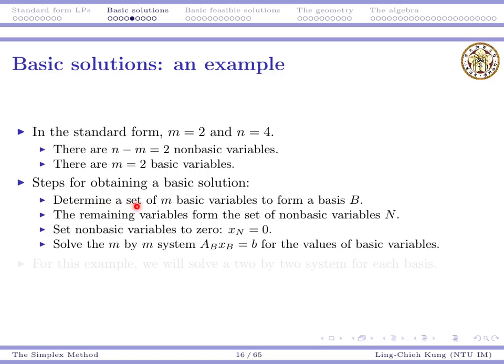I first determine a set of m basic variables to get a basis B, and all others will belong to the non-basic variable set N. Non-basic variables are then set to be 0, and then I solve the remaining m by m system A_B x_B equals b. Okay? So for this example, I will solve 2 by 2 linear systems for those given bases.